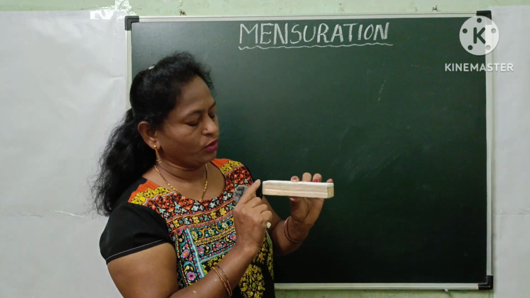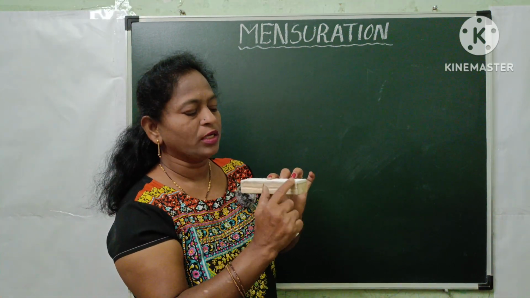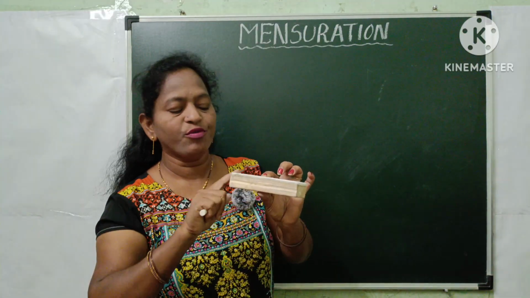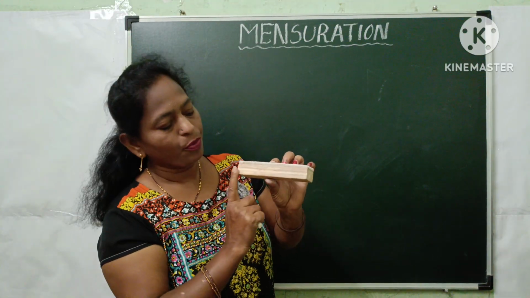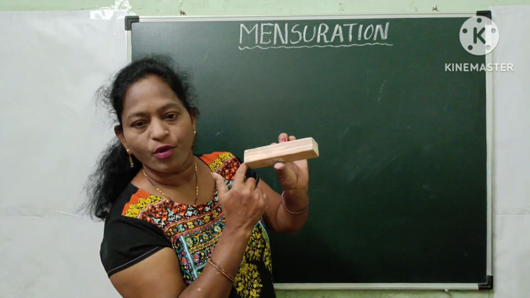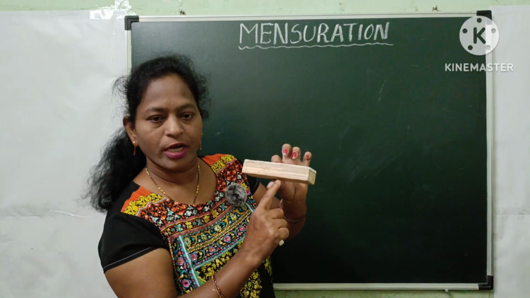Edges, how can you count? See, these are the edges. The meeting point of 2 walls. See, this is 1, 2, 3, 4. Top 4, bottom also 4. 1, 2, 3, 4. Okay. These 4 and the bottom also 4 edges.